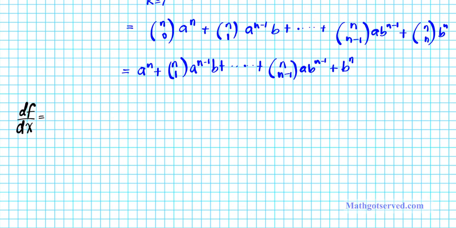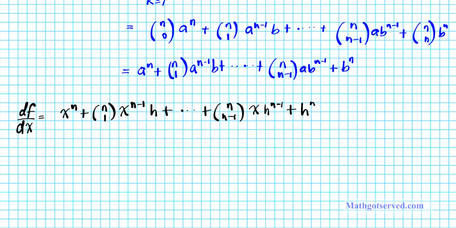Alright, so remember the only portion that we are applying the binomial theorem to is (x + h)^n. So if we apply that to that situation, we're going to have x^n plus n choose 1, x^(n-1) h, plus dot dot dot, plus n choose n-1, x h^(n-1), plus h^n.